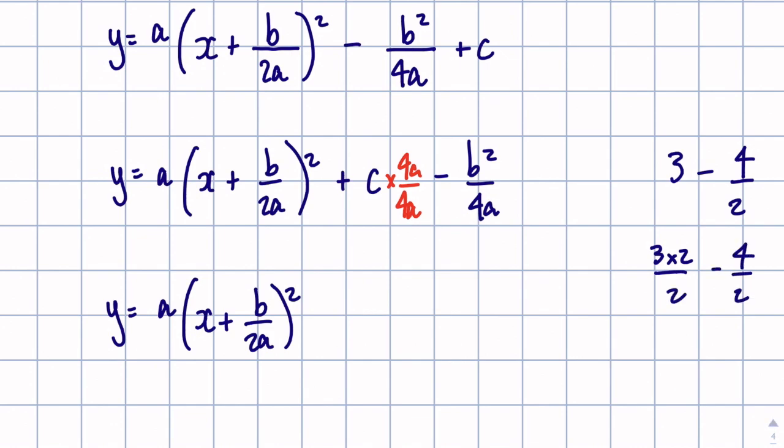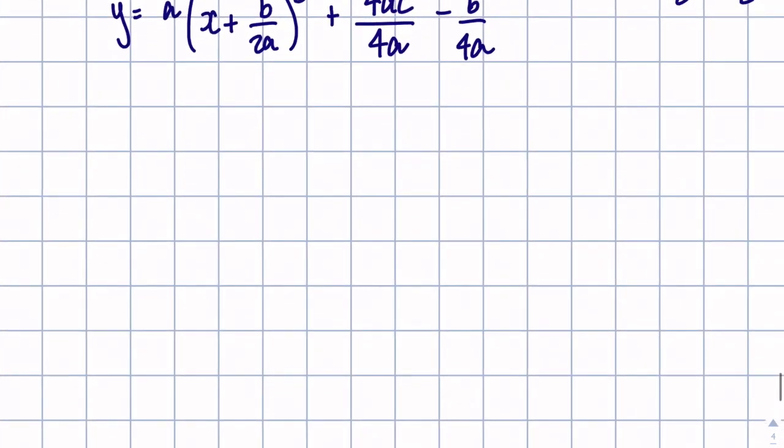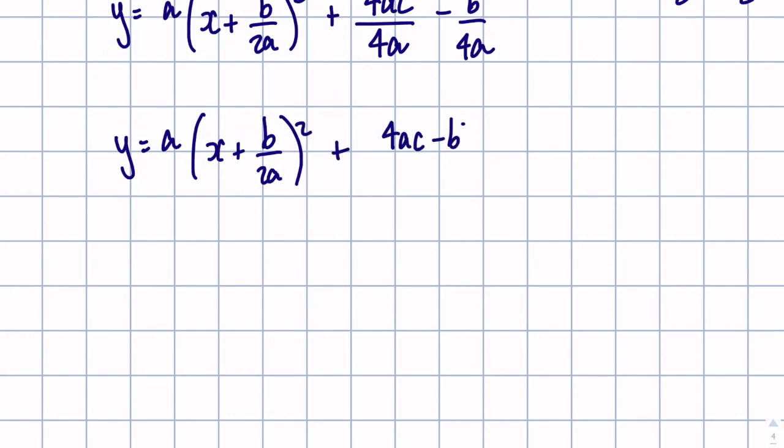So I've got plus c times 4a, which is the same as 4ac, all over 4a, take b squared, all over 4a. I can now put them together: y equals a outside of x plus b on 2a squared plus 4ac take b squared all over 4a.